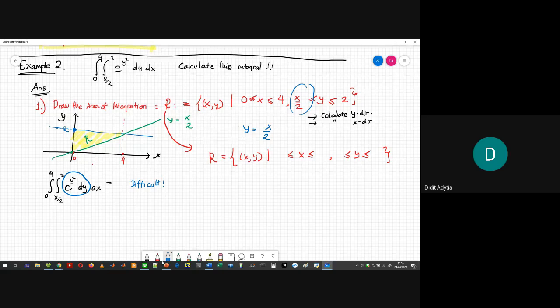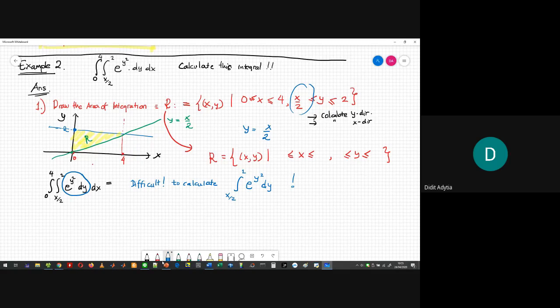Okay. To calculate integral of e to the power of y square. Kalau di sini hanya ada y, kita bisa pakai pemisalan. Tetapi kalau ada di sini, susah ya integralnya. dy x over 2 y. Ini akan susah. Oke.